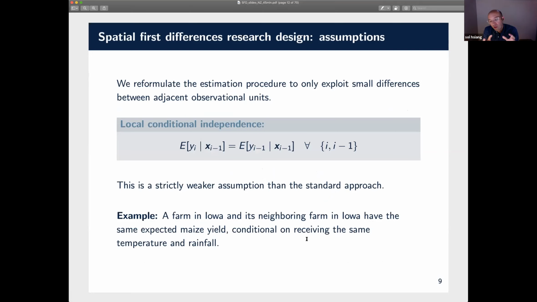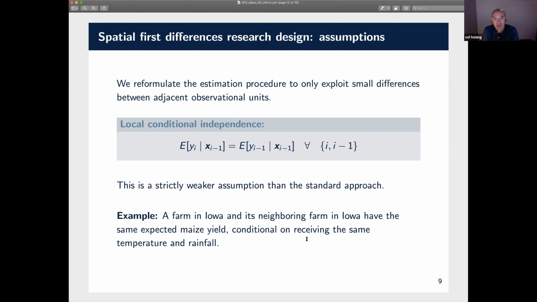That assumption is in many contexts not thought to be a valid assumption. And so what we're doing is we say, let's weaken that assumption, I'll show you visually quite dramatically, to something that we call the local conditional independence assumption. And so there, what you're saying is not that any farm can be compared or assumed to behave the same as any other farm, but one farm that's immediately adjacent to another farm might look similar if they are treated the same.